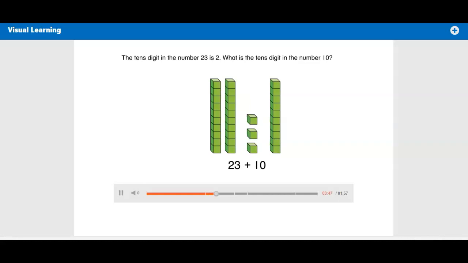What is the tens digit in the number 10? The tens digit in the number 10 is 1. What basic fact do you know that can help you add 23 and 10? You know 2 plus 1 equals 3, so 23 plus 10 equals 33.